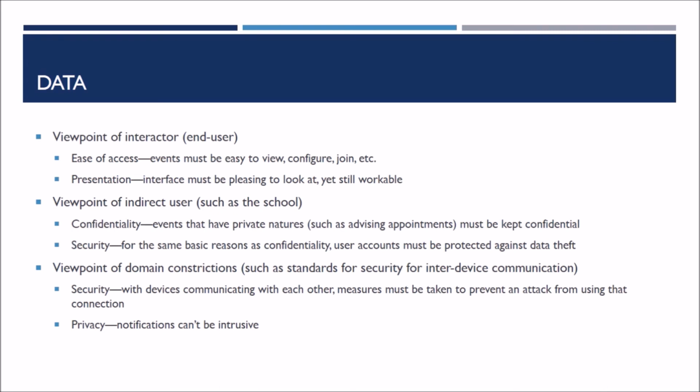The events, they would want to be easy to look at, easy to change, to edit. If you're looking at different meetings, different events that are happening on campus, they're going to want to be easy to join, etc. There are different eases of access that need to be able to happen, or it's not going to be something users are going to want to use.